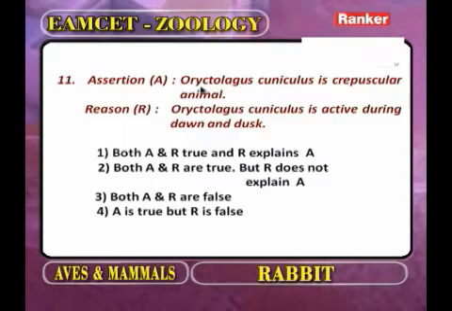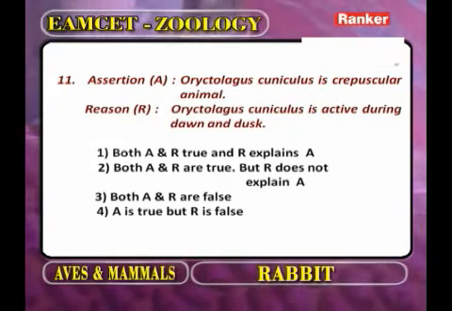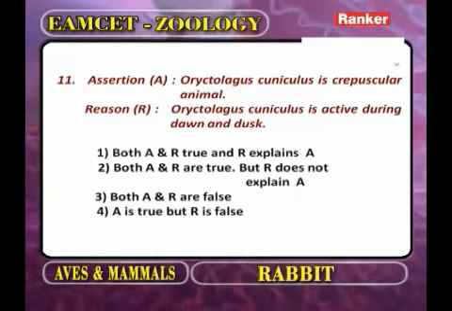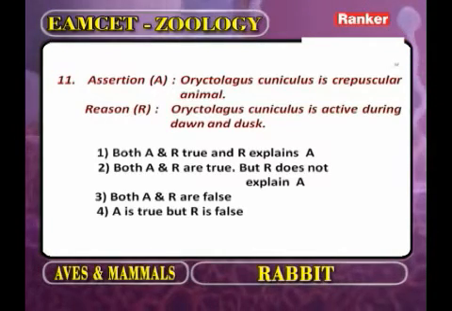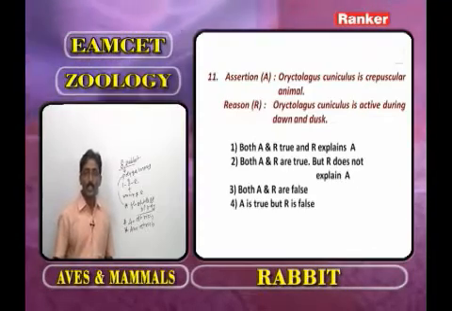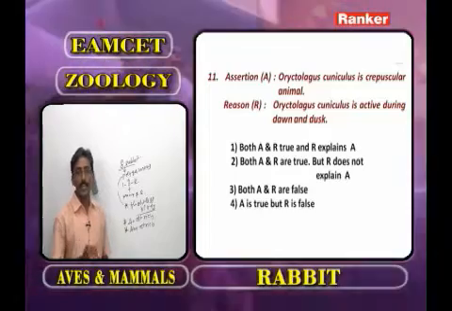Again, assertion. Oryctolagus cuniculus. We know very well, it is the scientific name. Oryctolagus is the genus, cuniculus is the species. We know very well the common name is rabbit. Now, the rabbit is crepuscular. Reason: Oryctolagus cuniculus is active during dawn and dusk.